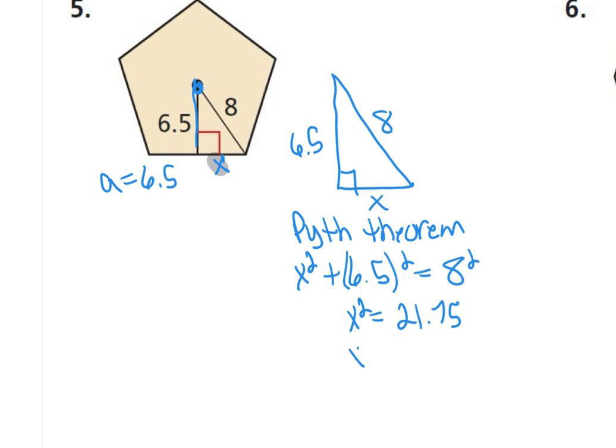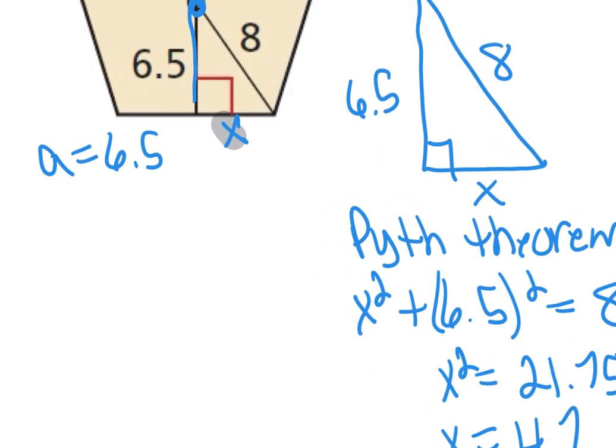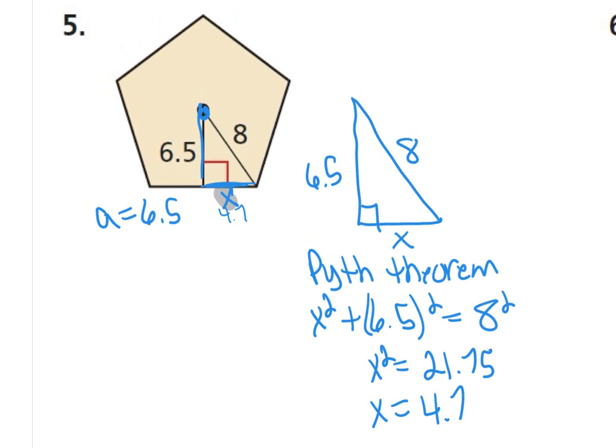And when we take the square root of that, we get 4.7. So I know that this half of the side is 4.7, which means the entire side is going to be another 4.7 over here. So an entire side length, if we add those two together, is going to be 9.4, which is just 4.7 times 2.